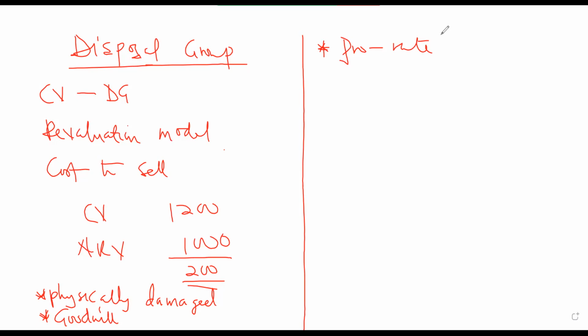These assets have to be tested for impairment annually, so they take the impairment before you do the pro rating.